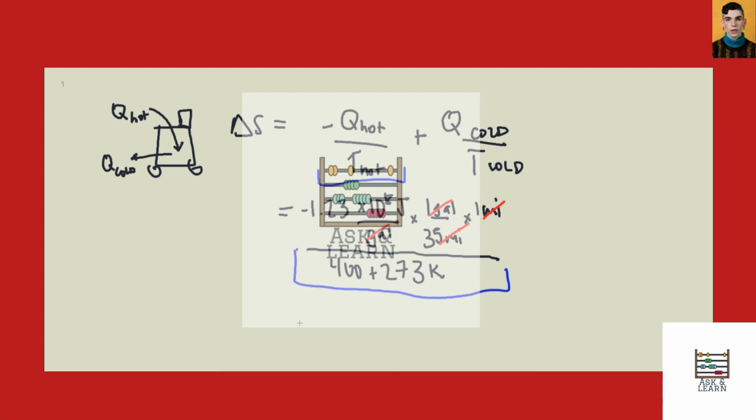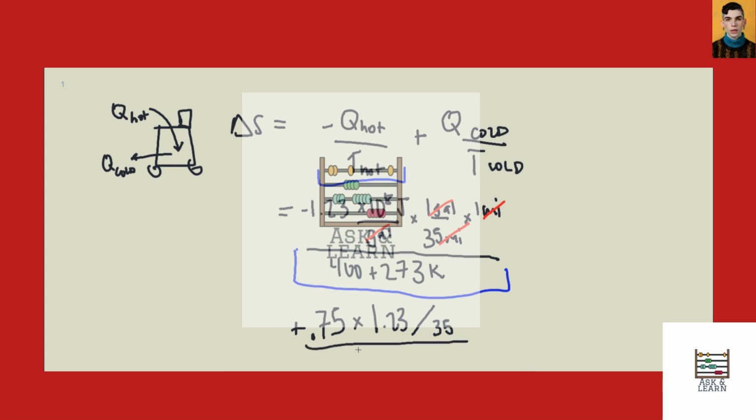Okay, and then plus Q cold, so only 75% is getting expelled. So it's basically just 75% of this whole thing. So 1.23, and it's the same exact calculation, right? So I'm just going to write it like this, but same number.